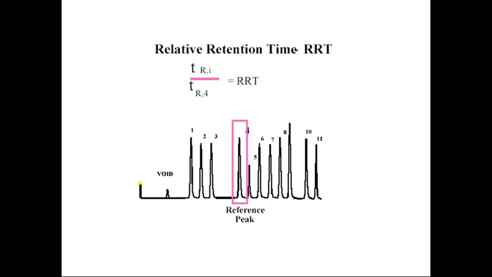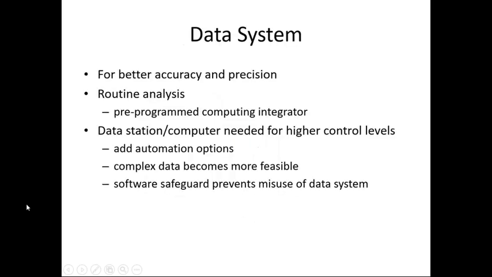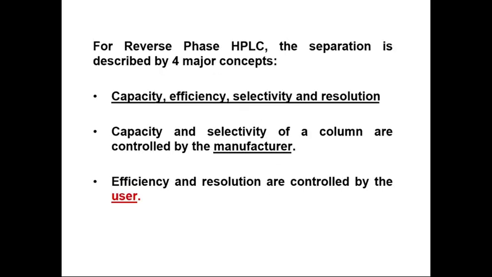Sometimes the molecules are identified by their relative retention time, that is, the retention time in comparison to an internal standard. That is the retention time of the analyte divided by the retention time of the internal standard. And then you have a computer system to compute all this data, to calculate the area.